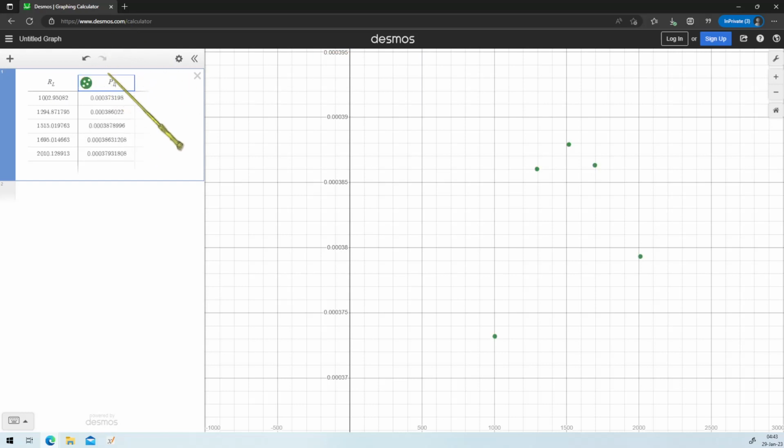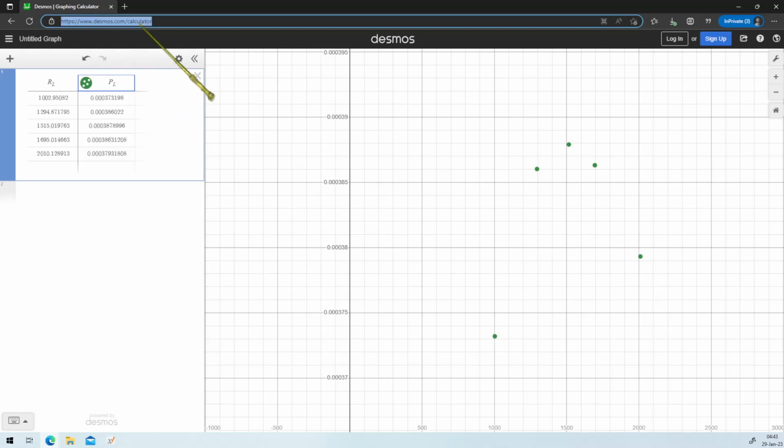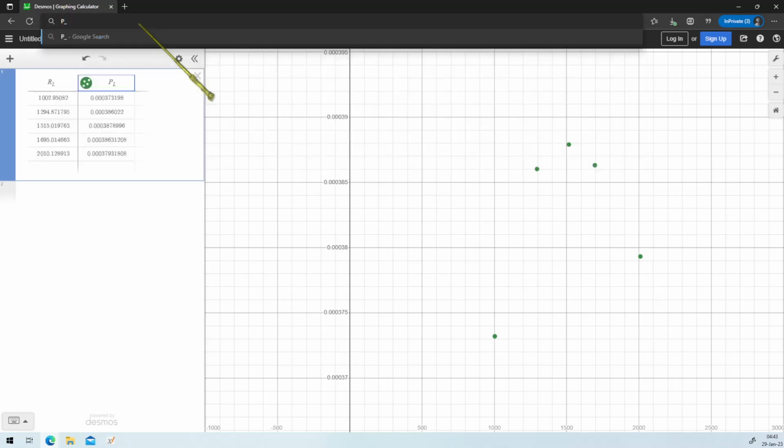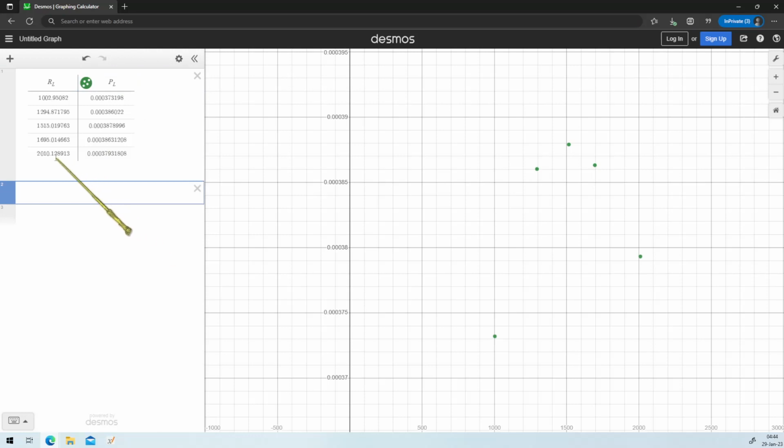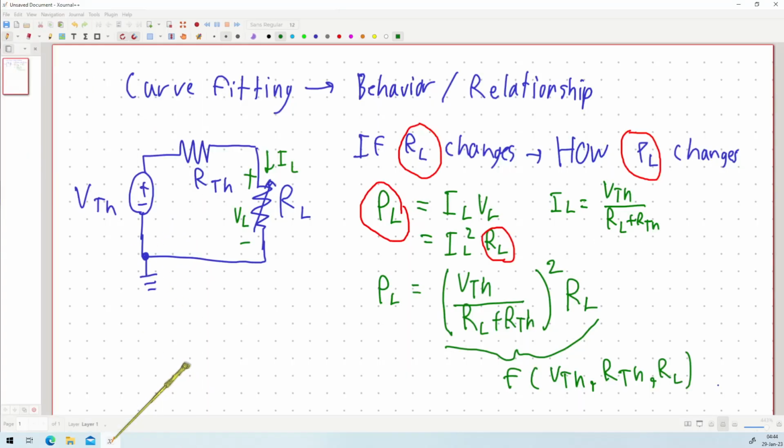To type this, you may type P and then underscore L, just like that. What this tool did was scale the screen to our variables. And the next thing is to type in our formula or our function.